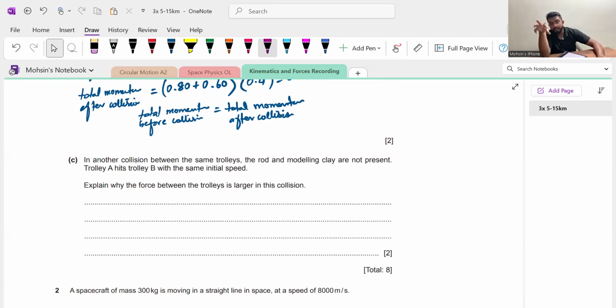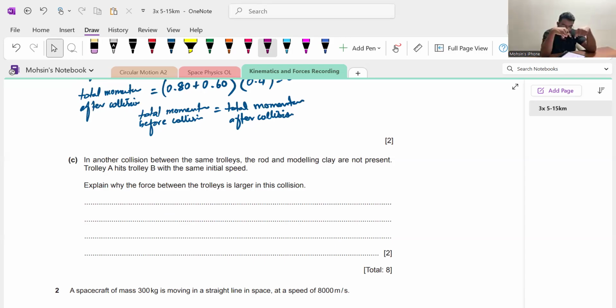We know that when there was the rod and modeling clay, the rod hits the modeling clay and penetrates into it, slows down, and takes time to come in contact with trolley B. So it is taking more time.